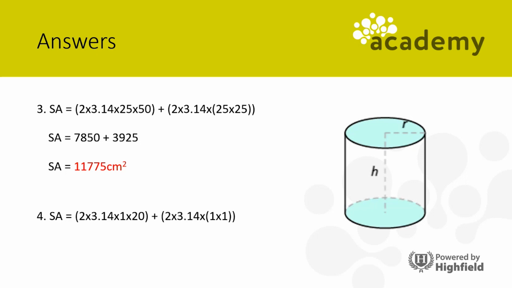In the fourth example, it's 2 times 3.14 times 1 times 20 plus 2 times 3.14 times 1 times 1, or 125.6 plus 6.28, which is 131.88 meters squared.